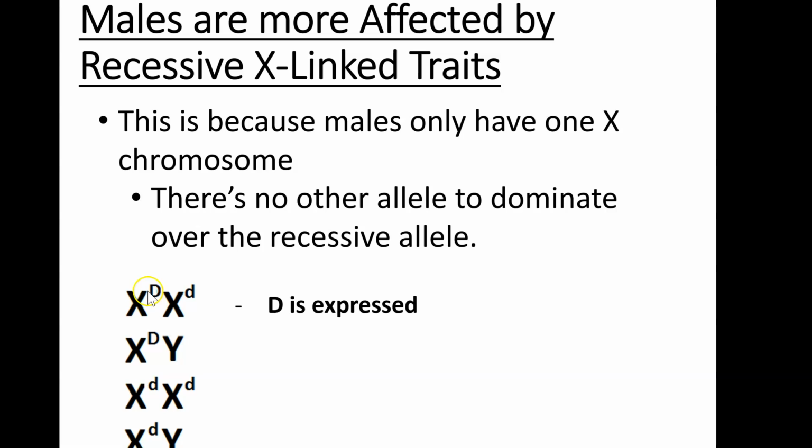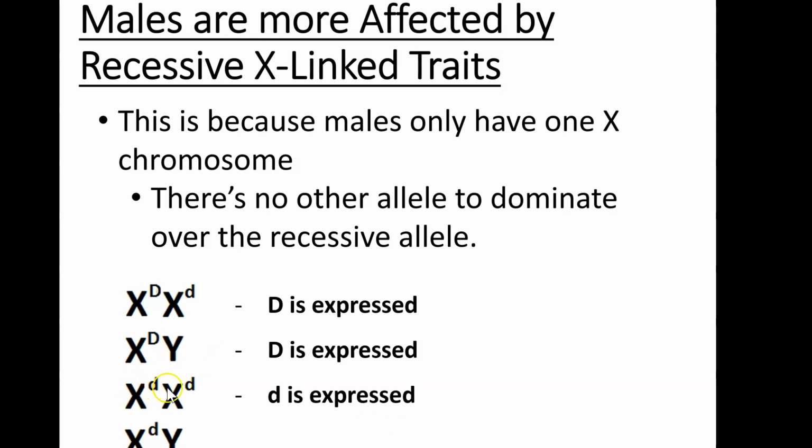If you have the dominant allele to represent a normal condition, then the normal condition is expressed. It masks the recessive allele. In the case of that male, this is a male genotype, X and Y. The D is expressed because there's nothing to mask that D. It's a dominant allele, and there's nothing to mask or counter it on the Y.